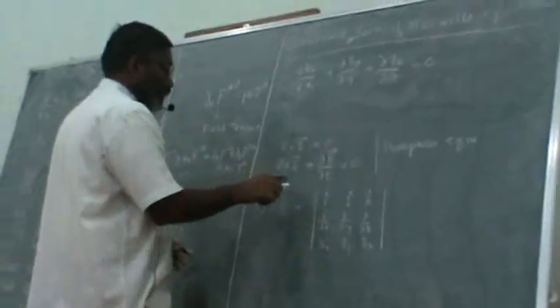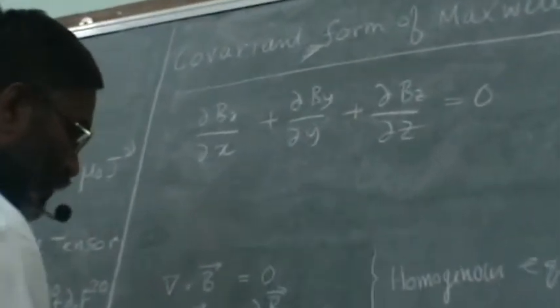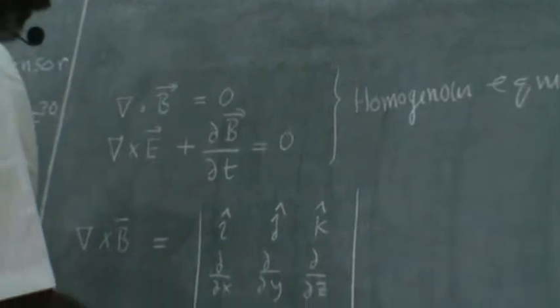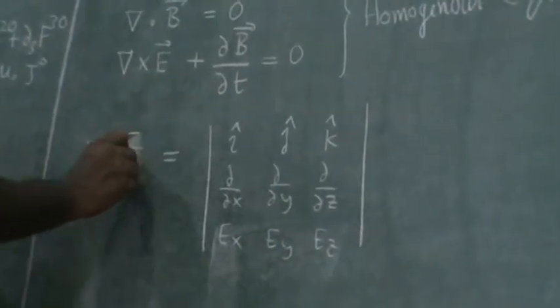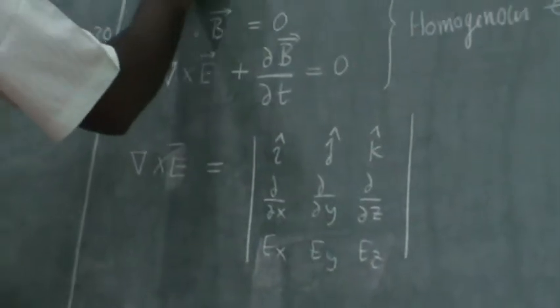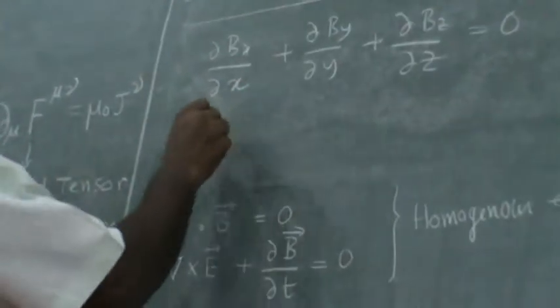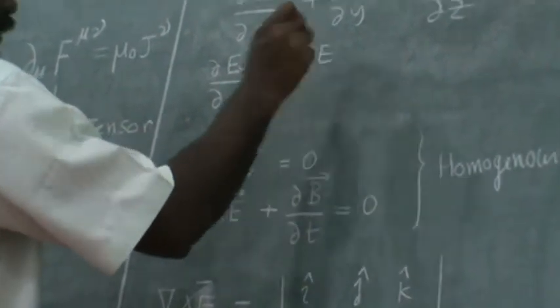And curl of E, so we must consider Ex, Ey, Ez here. Then you will have ∂Ez/∂y minus ∂Ey/∂z.